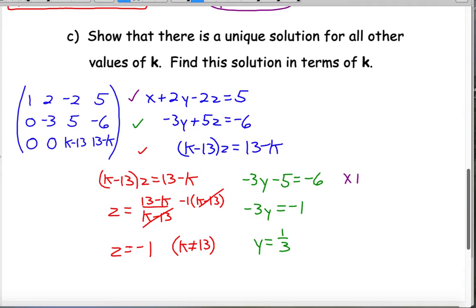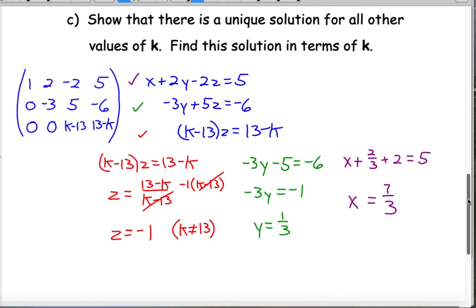So x plus 2 times y, so that'll be 2/3, minus 2 times z, and z is negative 1, so plus 2 equals 5. And so when I solve that, I get 2/3, 8/3, 15/3, I get a positive 7/3 for x.